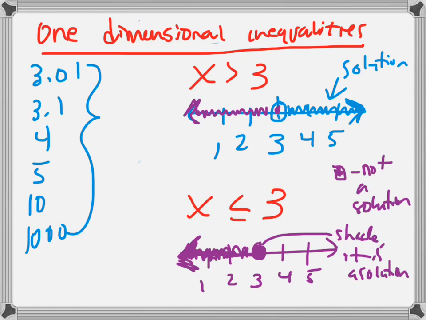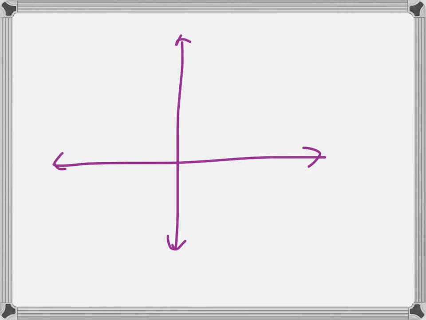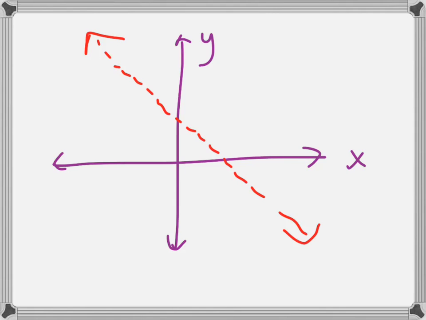In a two-dimensional system, we have essentially two number lines that are perpendicular to each other, the x and the y axes, and our inequalities are going to split the system into two parts. Sometimes we're going to have dashed lines on borders, and sometimes they're going to be solid lines.